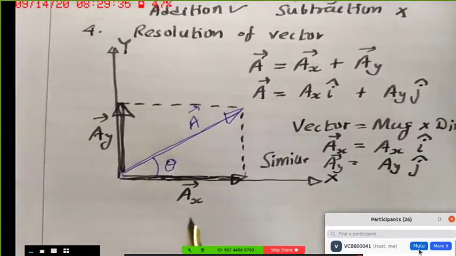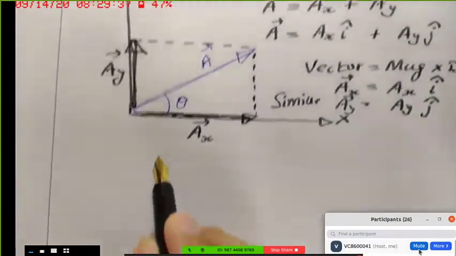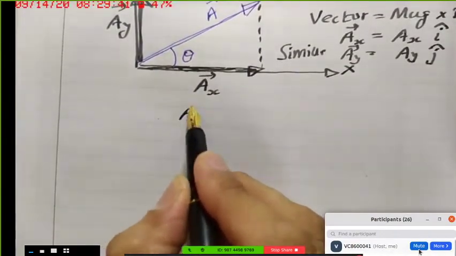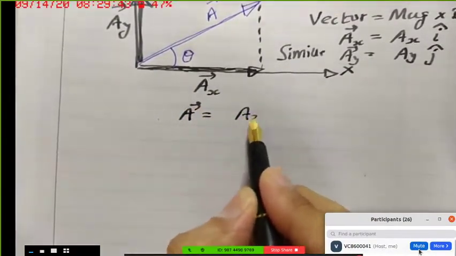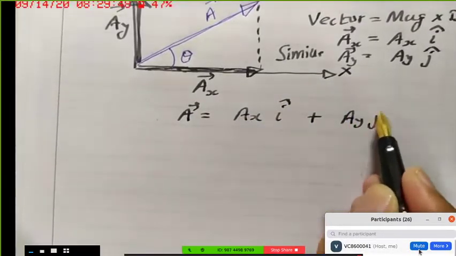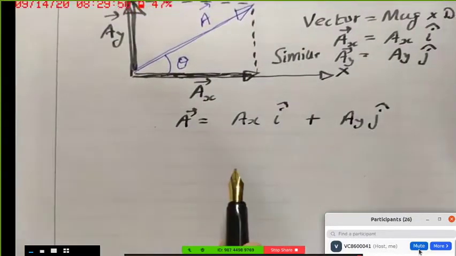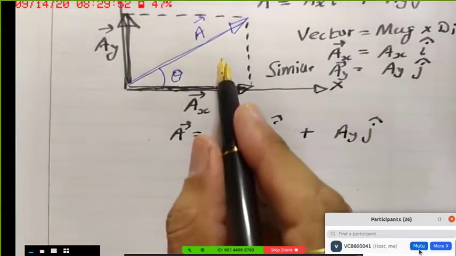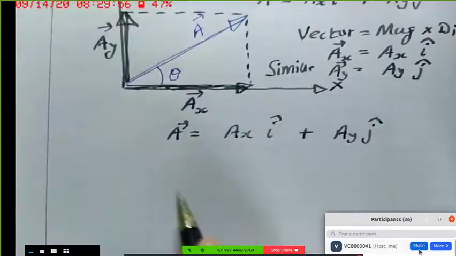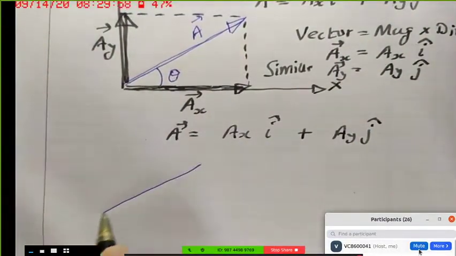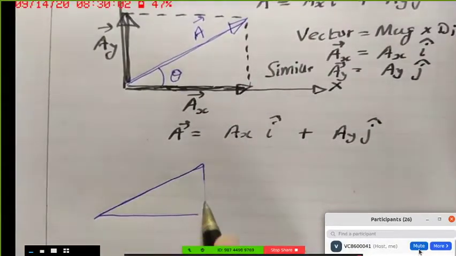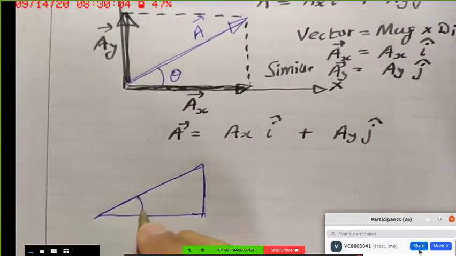Now I'm writing again A equal to Ax i plus Ay j. Now if I consider this triangle, I'm going to replicate that figure here. This was theta.